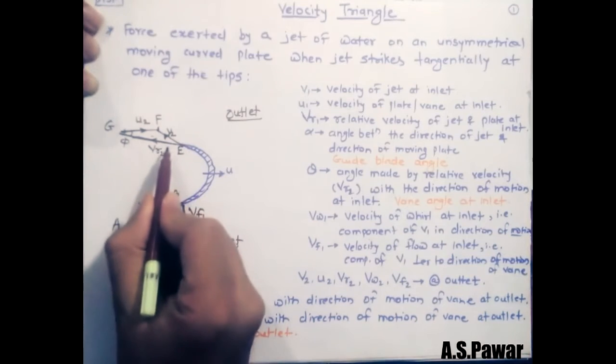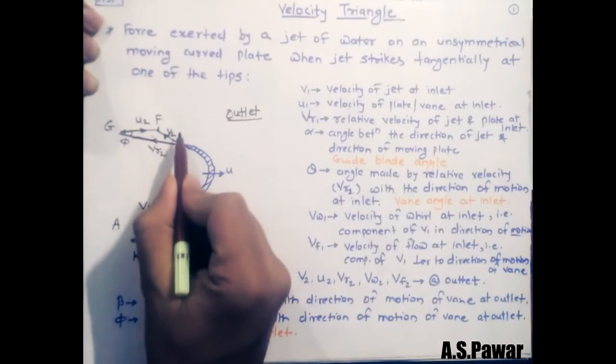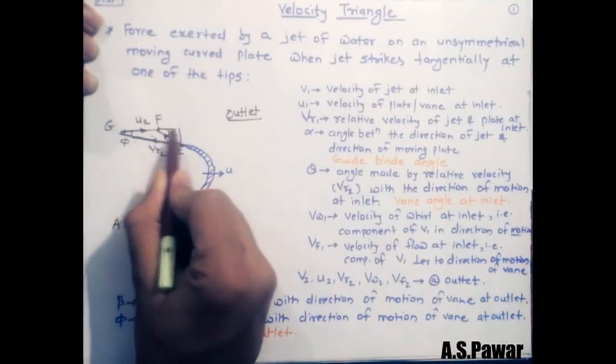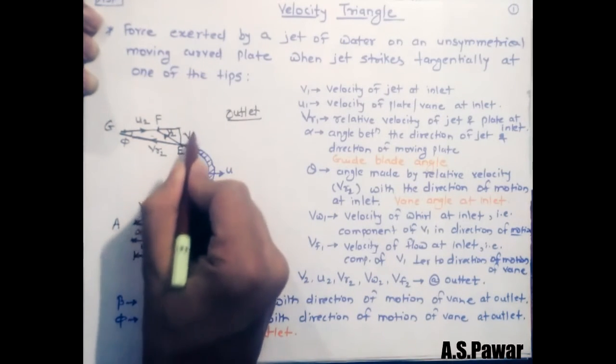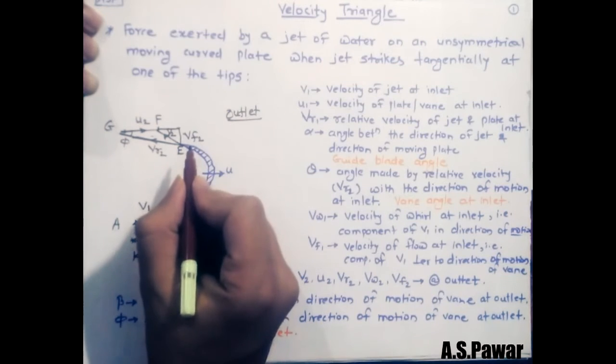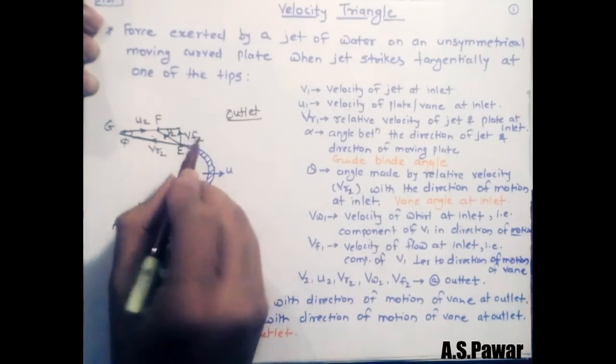Now to find out its velocity component in the direction of motion and in the direction perpendicular to motion, we will again draw certain lines, perpendicular and parallel, from that particular point. This will represent Vf2. Vf2 stands for the velocity of flow at the outlet.